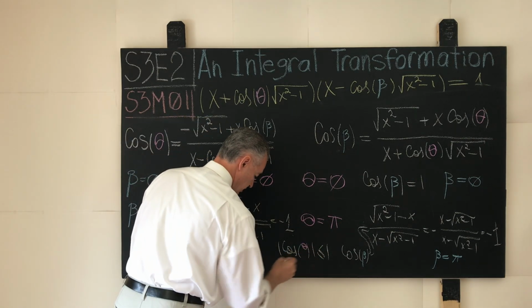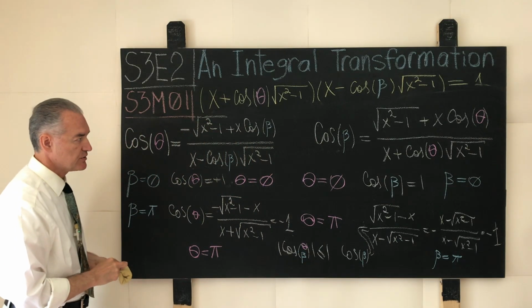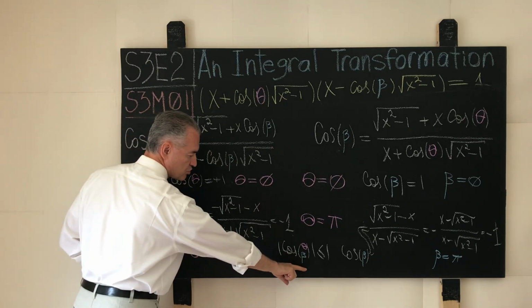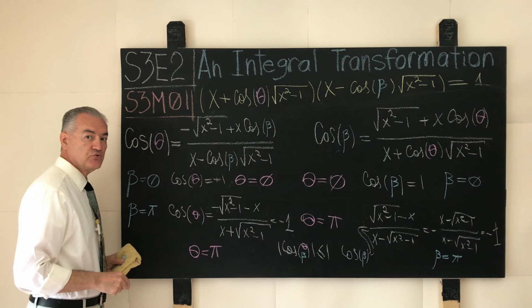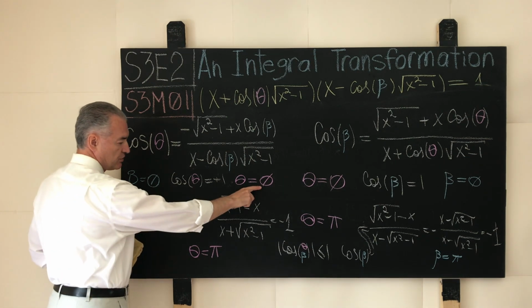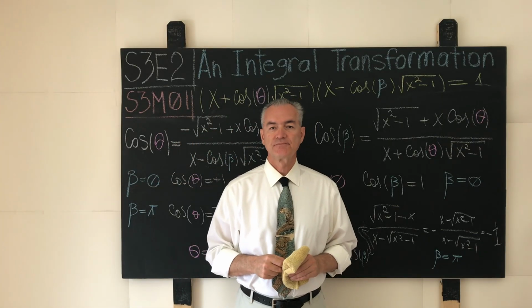We'll say for theta and beta, I will jam everything into one expression, but that's the idea. And this will show that the angles theta and beta do vary between 0 and pi, as our calculations suggest.